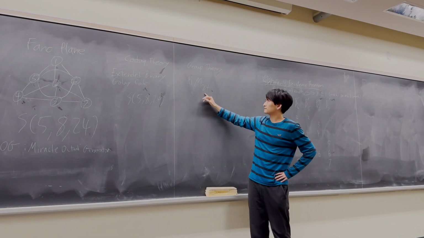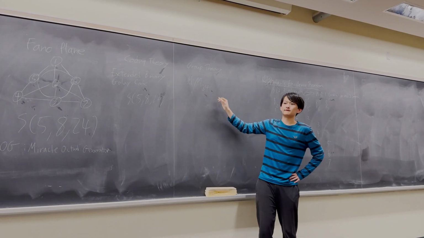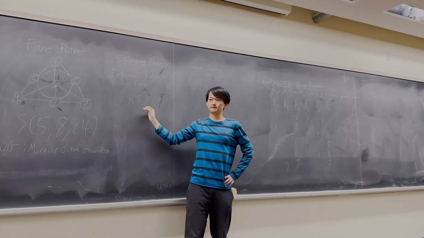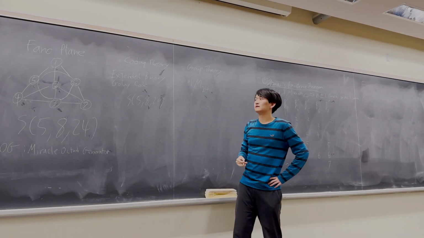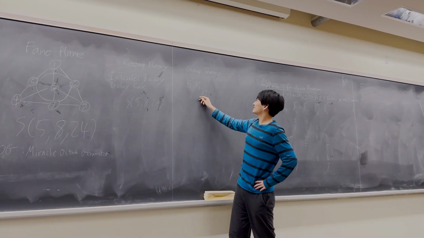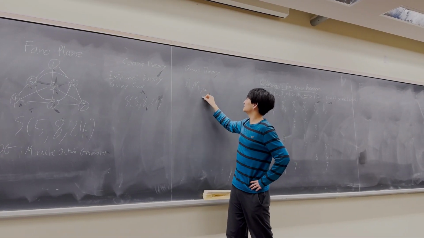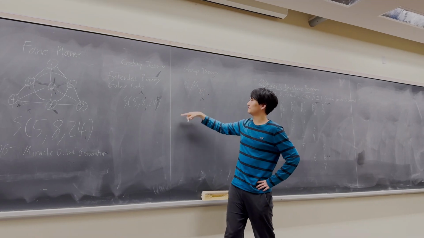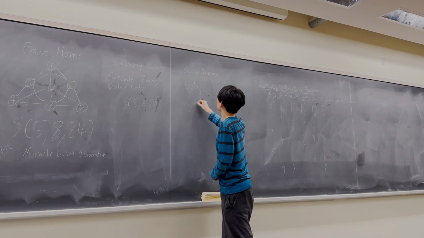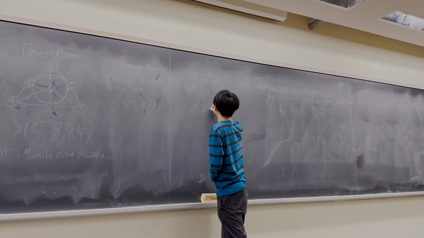So the generators of M24 can also generate S(5,8,24). Details you can read about it. But again, there's the connection, 24. So I'll just write this again as S(5,8,24).